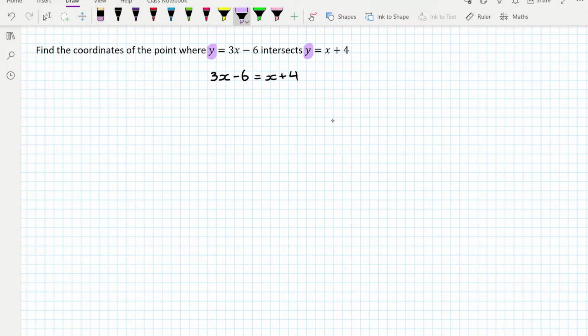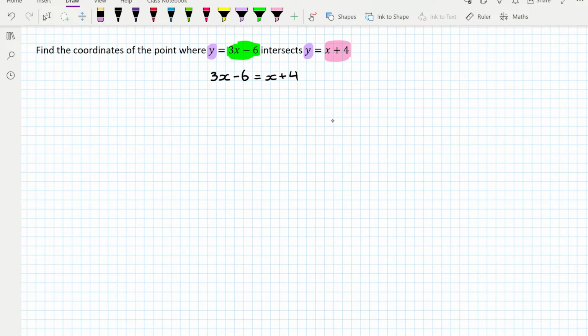So if y in the first equation is equal to 3x minus 6, we can make that equal to whatever y is from the second equation, which in this case is x plus 4. And by doing this, we've got this in a form where we can now collect our like terms and solve for a value of x.